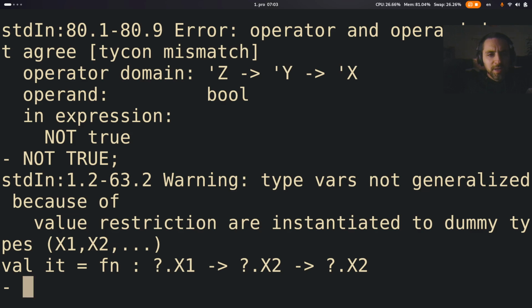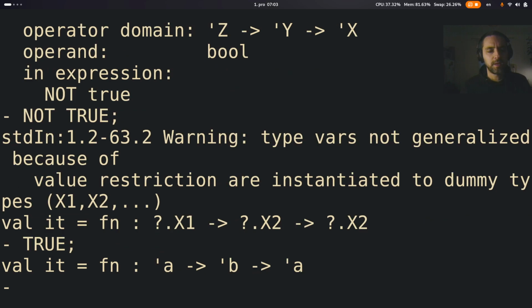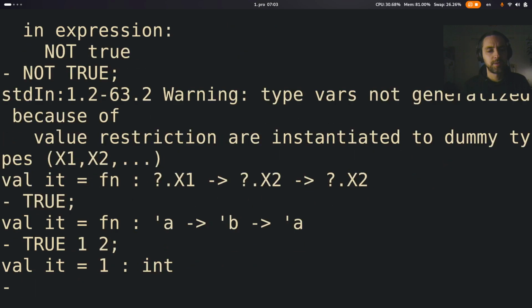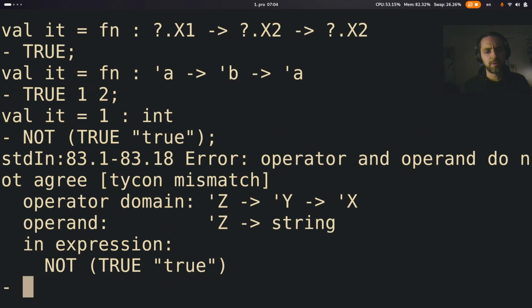Not true. I defined true already. Yeah, and if I do 1, 2, it gives 1. So I guess I have to do not true. True? No.